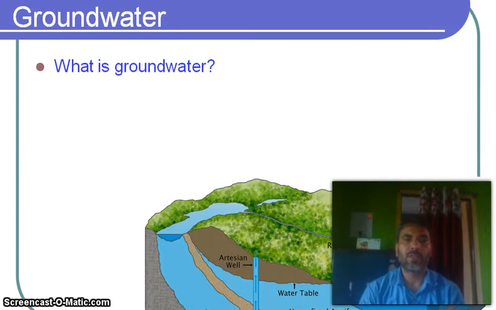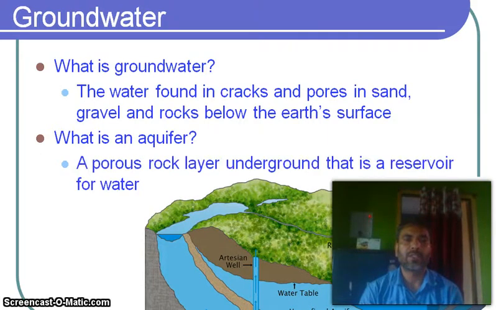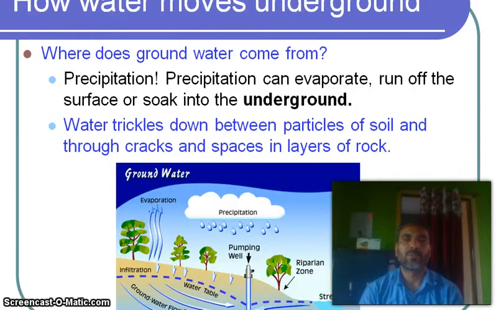Groundwater. What is groundwater? The water found in cracks and in pores in sand, gravel and rocks below the earth's surface. What is an aquifer? A porous rock layer underground that is a reservoir for water.